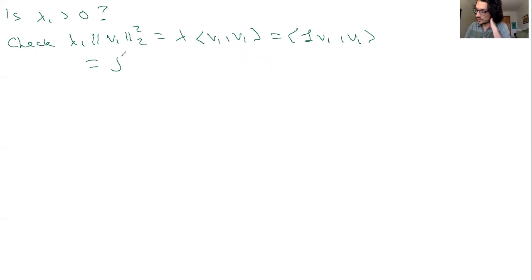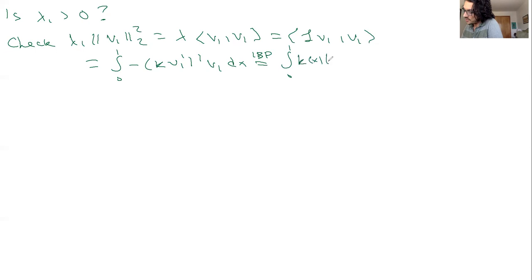This is equal to the integral from 0 to 1 of minus k v1 double prime times v1 with respect to x. If we integrate by parts and apply our Dirichlet boundary conditions, this is the integral of k of x times the magnitude of v1 prime squared. This is assuming that v1 is real here, right?